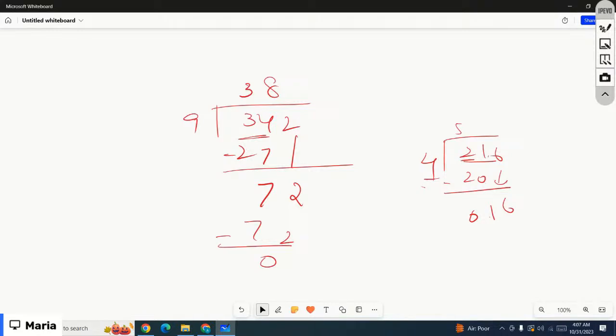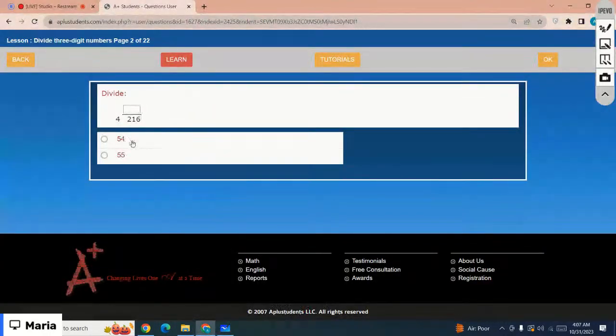Now you need to count the table of 4 until you get 16. So 4 times what number is 16? Very good. 4 times 4 is 16, right? So the correct option is 54. That means 54 times 4 is 216. Got it?